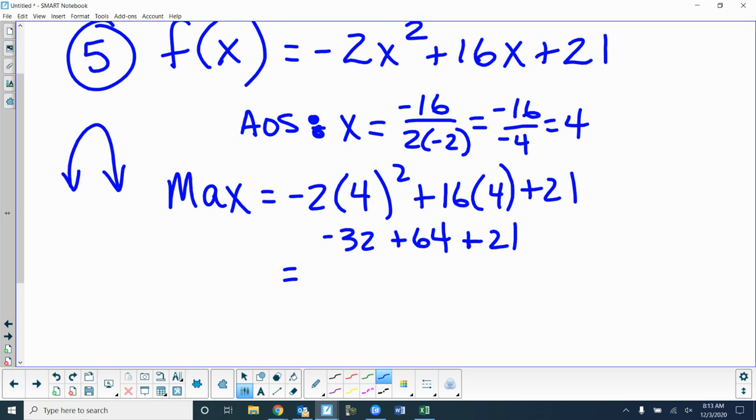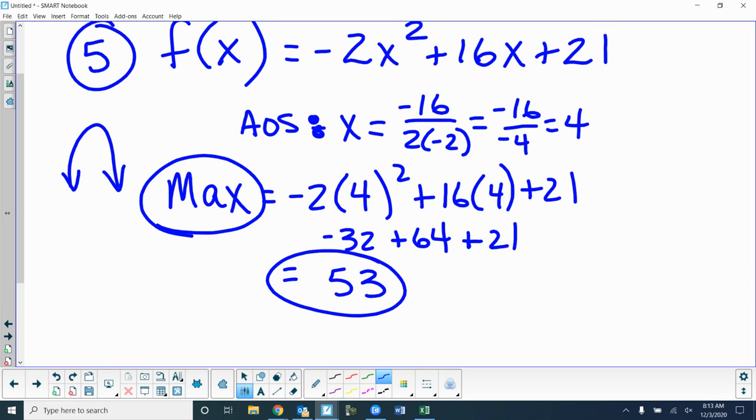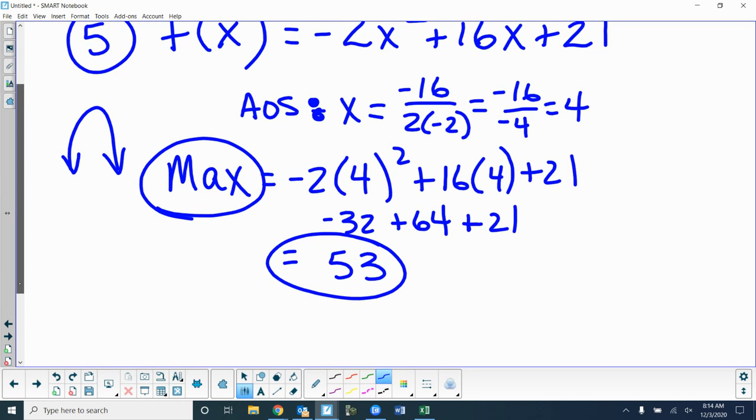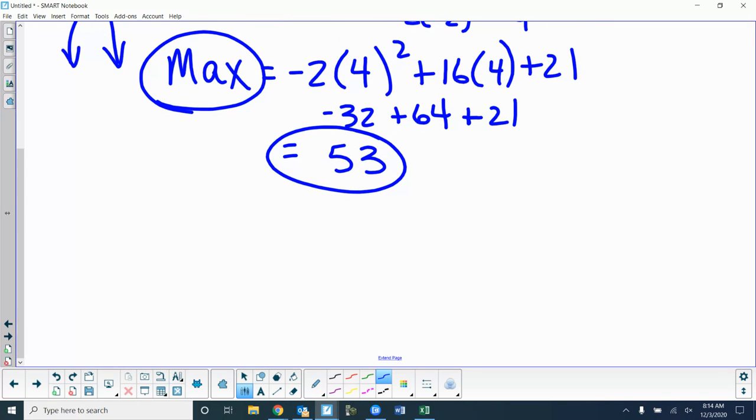That equals a positive 32 plus 21, what is that, 53? So I'm looking for those 2 things, max, and it's 53. Okay? Not just the word max, all right? I need both. Questions? That's how I would do all 4 of those.